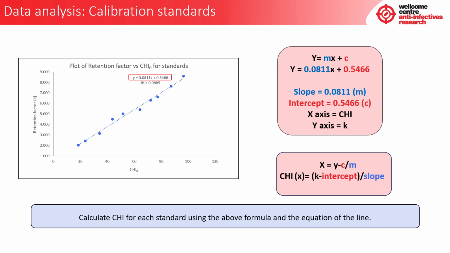To calculate chi, or x, we need to rearrange our equation of the line to follow the formula x equals y minus c divided by m. So chi equals retention factor minus intercept divided by slope.